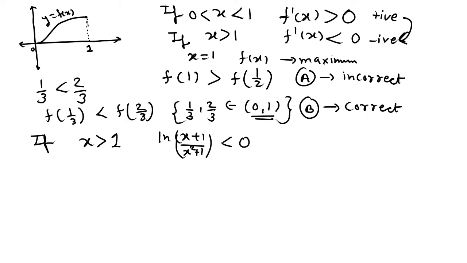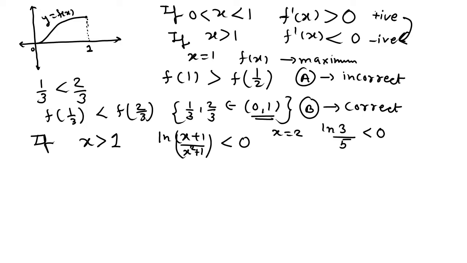For example, if x is equal to 2, then ln(x+1)/(x²+1) will be ln 3/5. So this is less than 0.